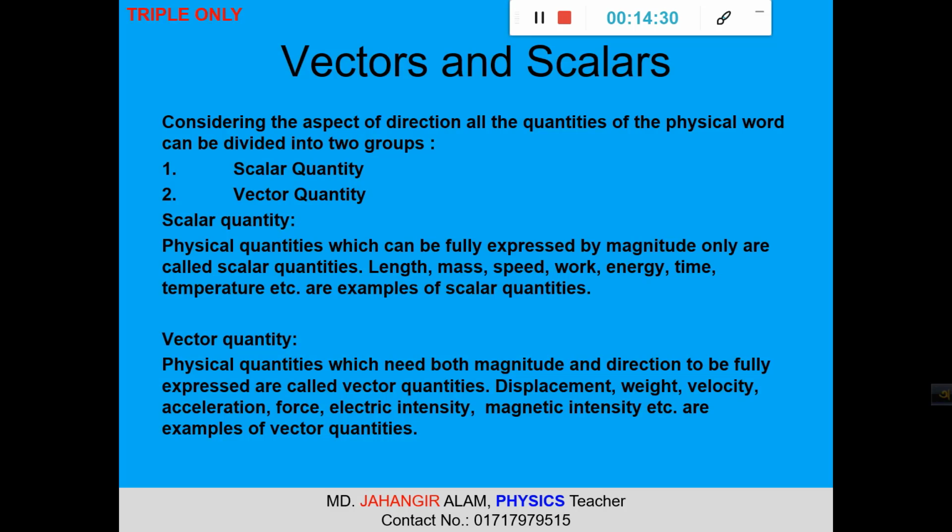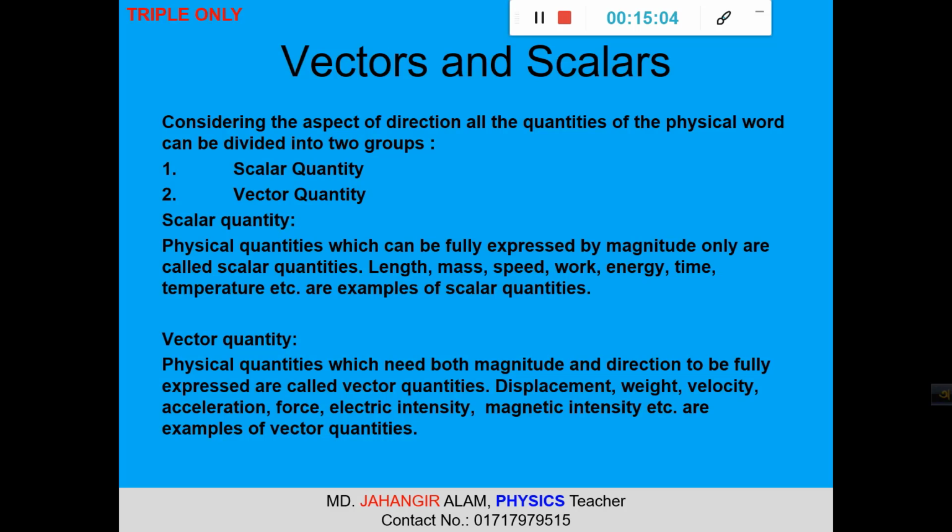Like 5 kg, 5 is the magnitude and kg is the unit of that quantity. Length, mass, speed, work, energy, time, temperature, etc. are examples of scalar quantity. So scalar quantity has only magnitude, no direction.